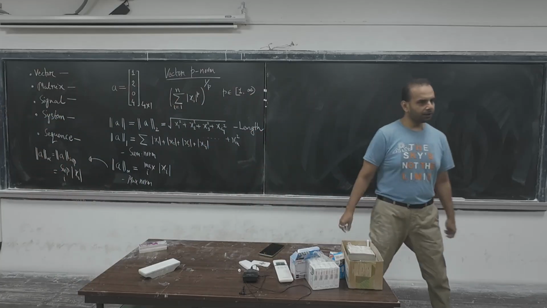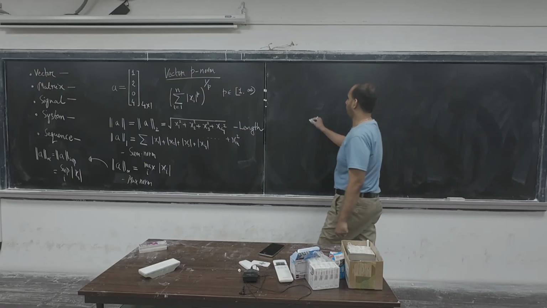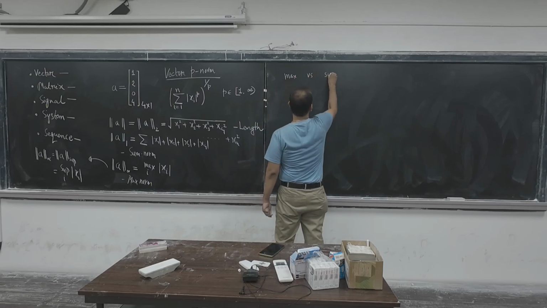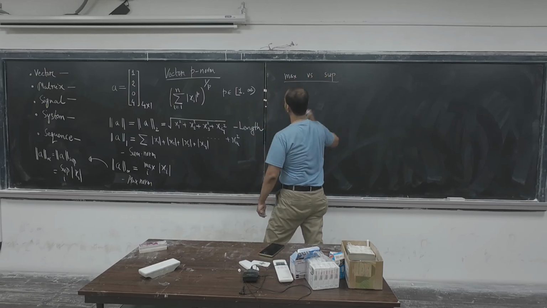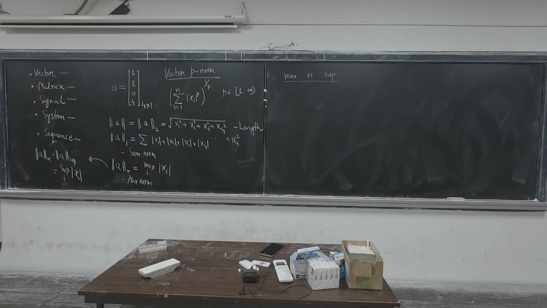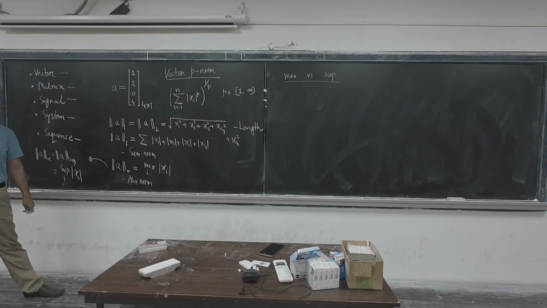Can anybody tell me what is the difference between maximum and supremum? At this moment, I said that both of them will give you the same result, at least for vectors, of course finite dimensional vectors.